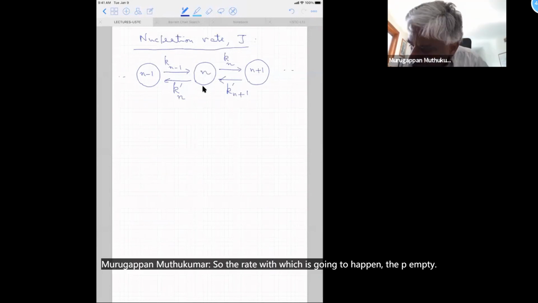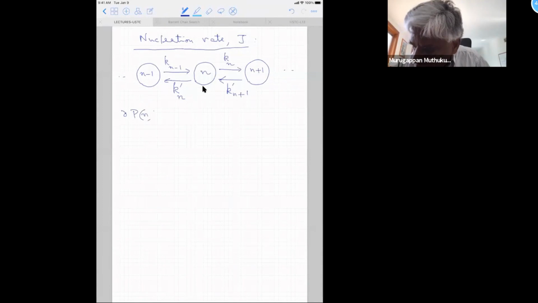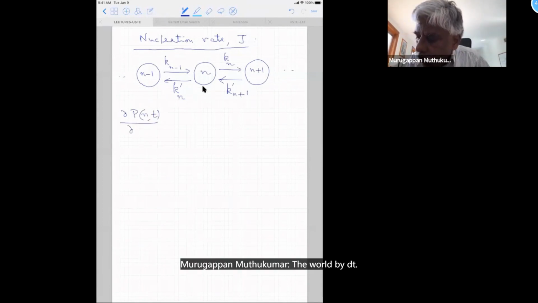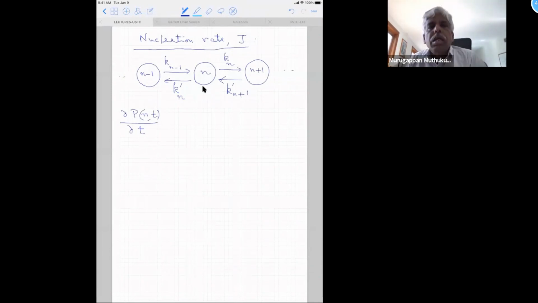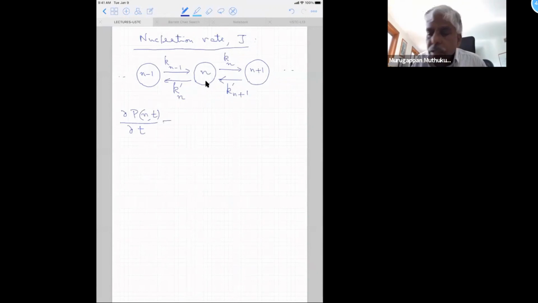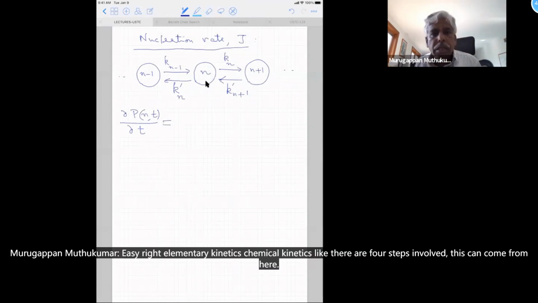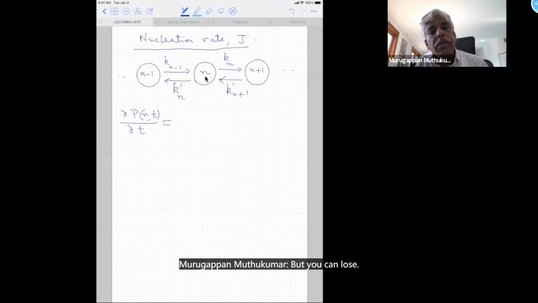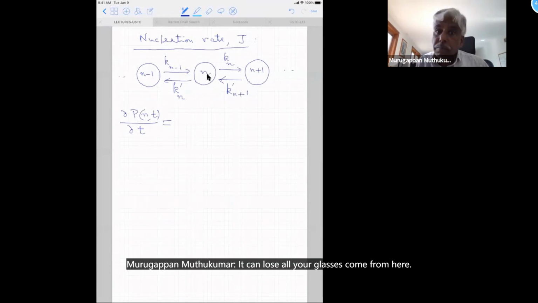So the rate with which this is going to happen, dP n t divided by dt, is the rate of realizing a droplet of size n at some time t. That's given by elementary chemical kinetics. There are 4 steps involved. This can come from here, but it can lose, and it can lose, or it can also come from here.